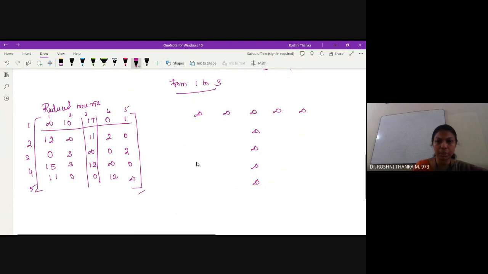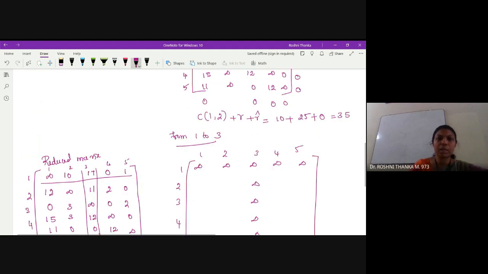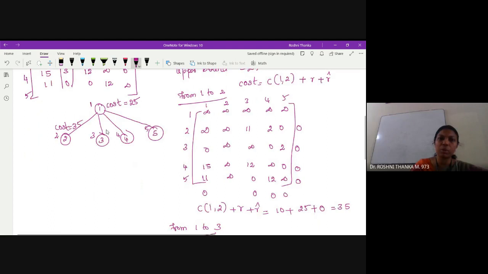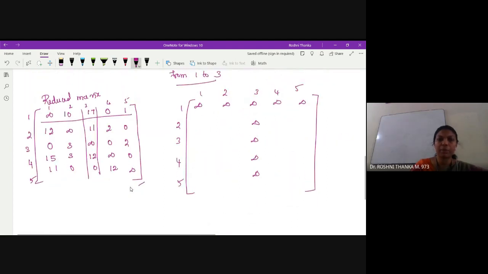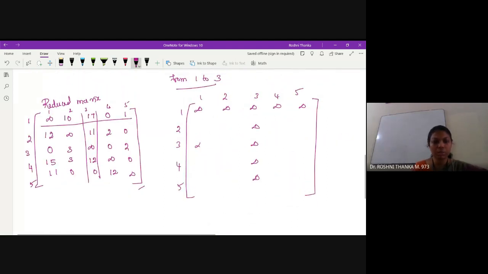So this is our matrix. This is 1, 2, 3, 4, 5 and 1, 2, 3, 4, and 5. Now we said we cannot move from 3 to 1 again, because everything will be visited once. So this will also become infinity.